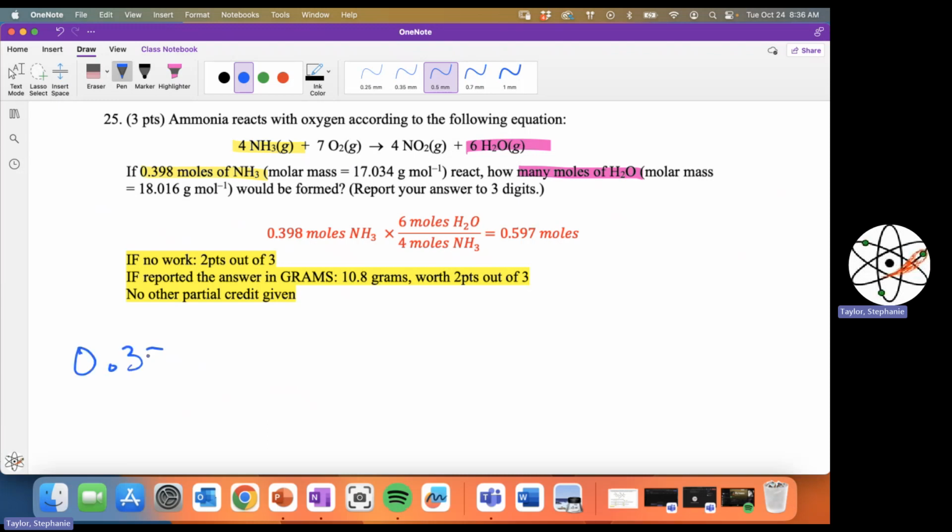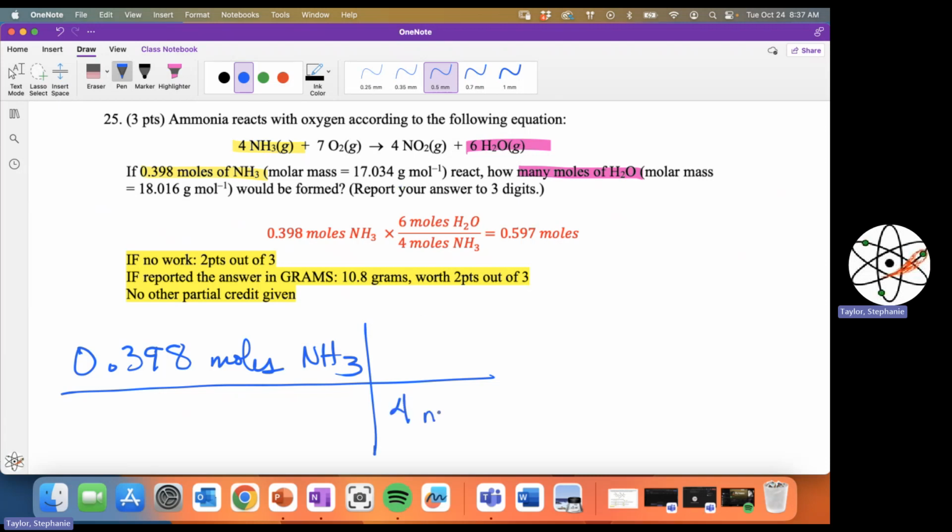So starting with 0.398 moles of ammonia, and then in my balanced chemical reaction, I have 4 moles of ammonia for every 6 moles of water. And that's all I needed to do. It didn't actually ask me for grams at all. So that's it. That's all.